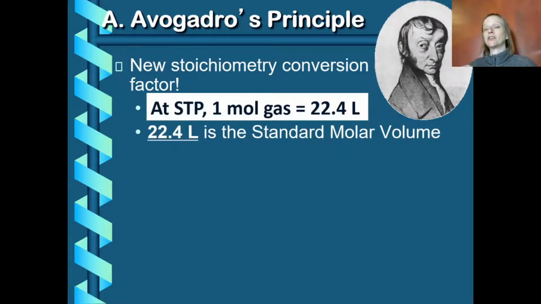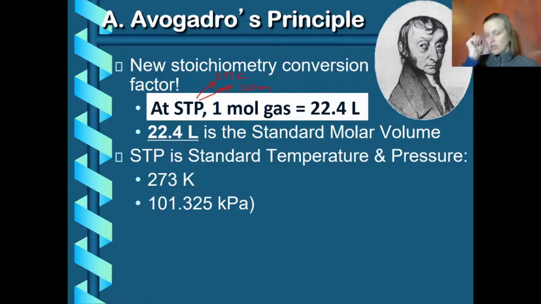When we are at standard temperature and pressure, remember standard temperature and pressure is 273 Kelvin and 1 atmosphere of pressure, 1 mole of gas has a volume of 22.4 liters. So 22.4 liters is called the standard molar volume. 1 mole is 22.4 liters.